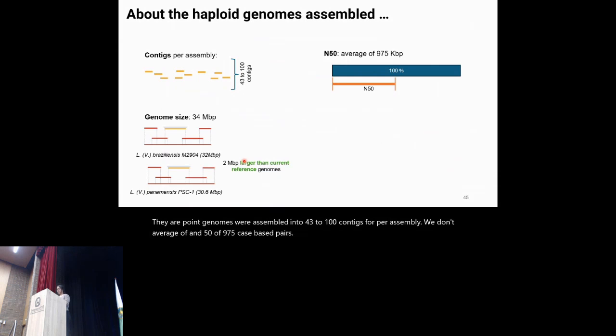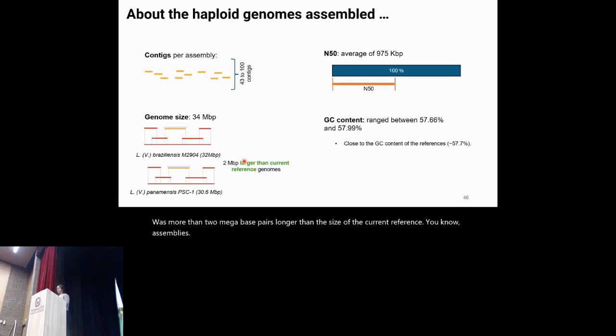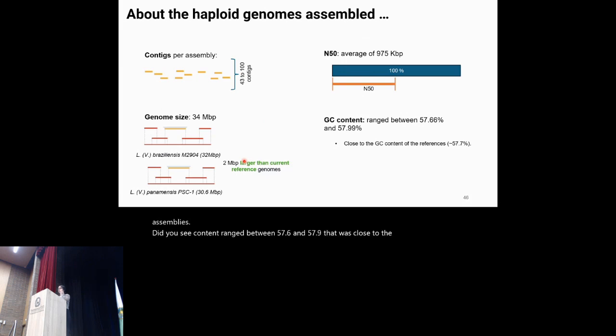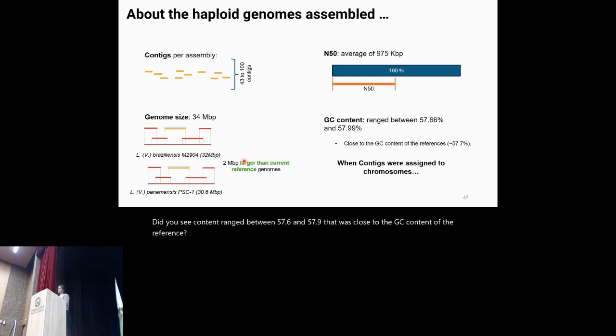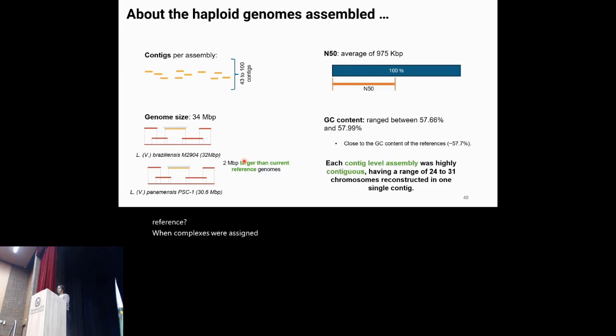The average genome size was 34 megabase pairs, which was more than 2 megabase pairs longer than the size of the current reference genome assemblies. The GC content ranged between 57.6 and 57.9, which was close to the GC content of the reference. When contigs were assigned to chromosomes, each contig-level assembly was highly contiguous, having a range of 24 to 31 chromosomes reconstructed in one single contig.